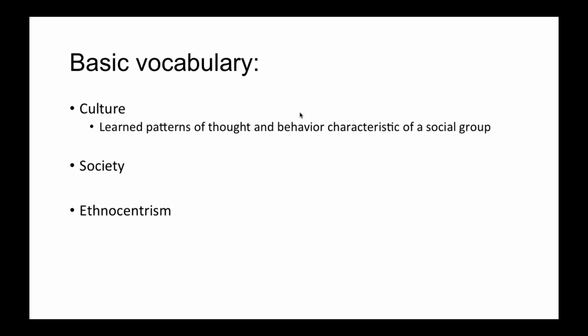It's a tendency to look at other societies from the lens of your own and often judge them as being inferior. So part of a liberal arts education, I think, is to get people to be less ethnocentric. Next slide.